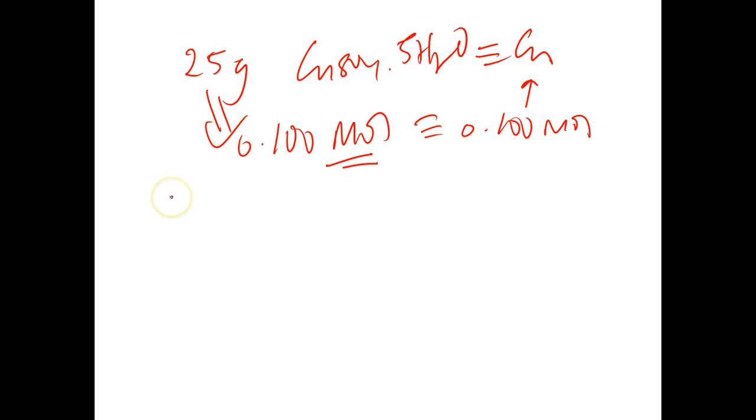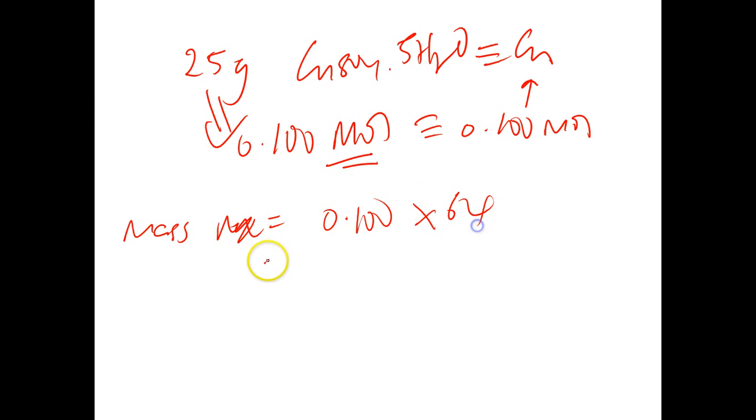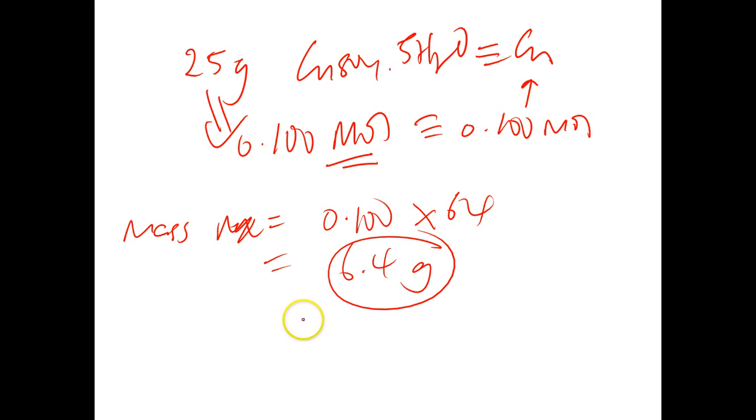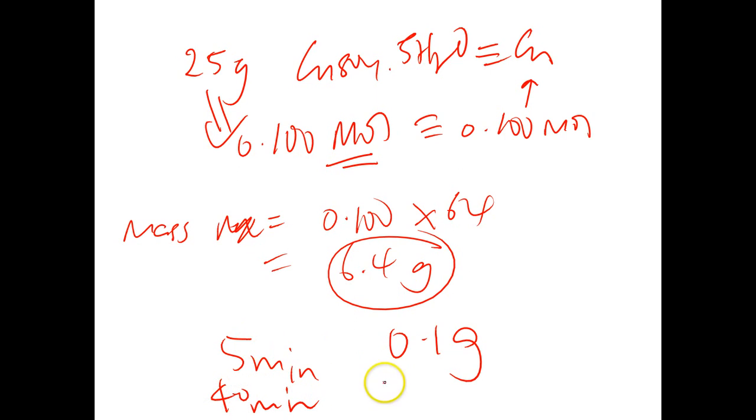What is the total mass of copper present in this solution? The mass is number of moles times molar mass, and we get 6.4 grams. So the total mass of copper present is 6.4 grams, of which at 5 minutes, only 0.1 gram was discharged, and at 40 minutes, only 0.6 grams was discharged.